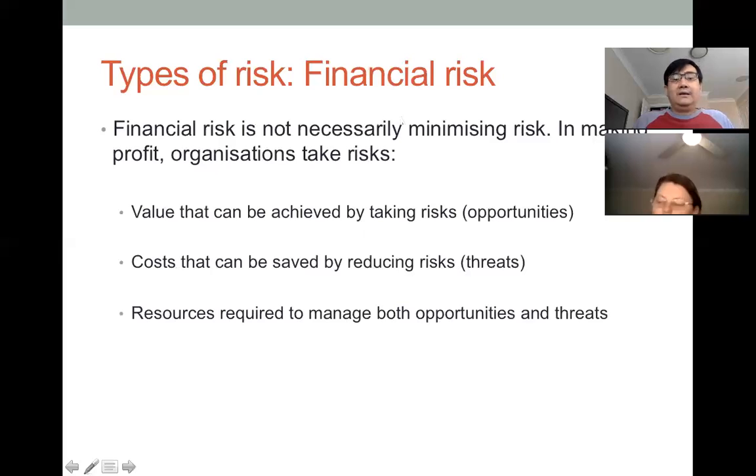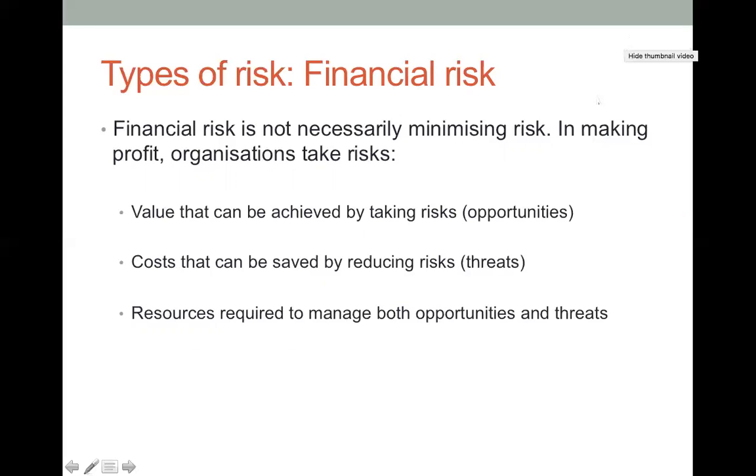Financial risk. Okay, this is another type of risk. Now, financial risk is, look, any organizational activities will pose some financial risks. It is not necessarily about minimizing risks. It is also probably in the context of making larger profits.